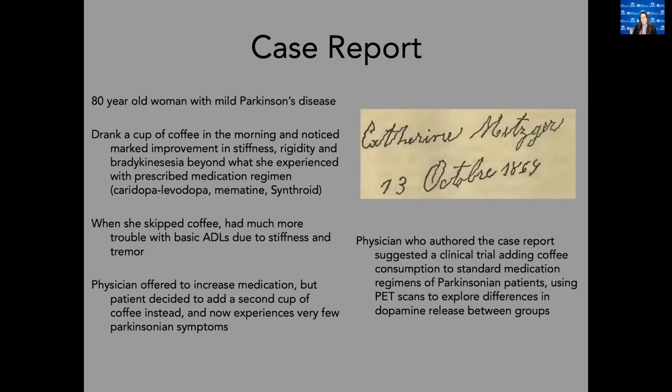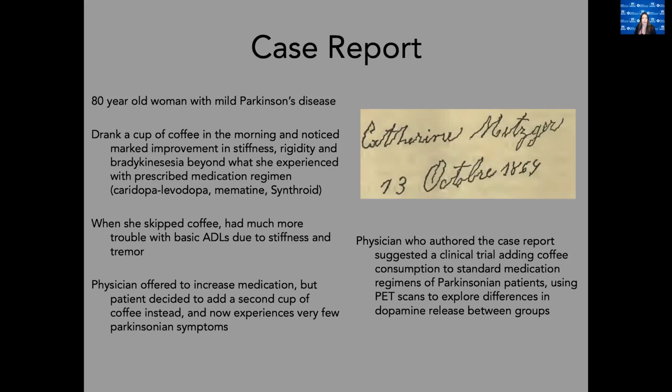So getting back to the epi study designs, the most simple type of study is a study of one person. That's a case report. And I have an example here of a case report of a woman with Parkinson's disease who drank a cup of coffee in the morning and noticed that she had a marked improvement in her Parkinson's symptoms.